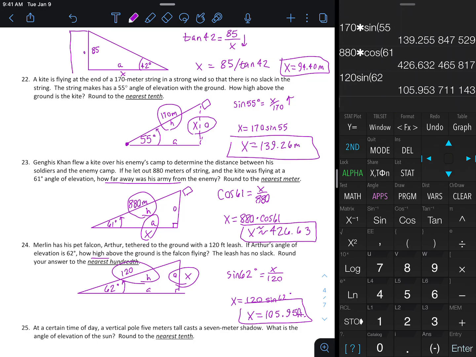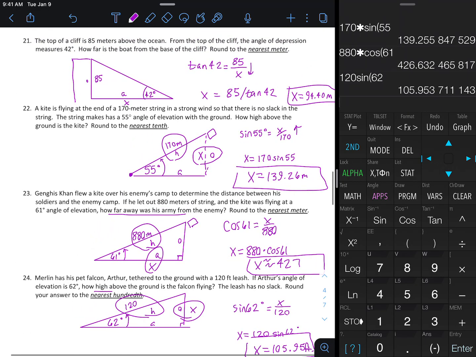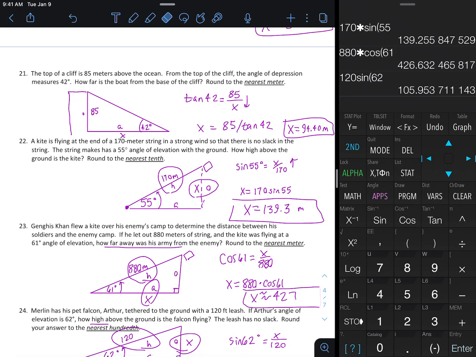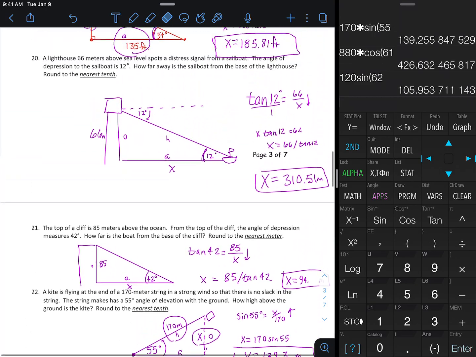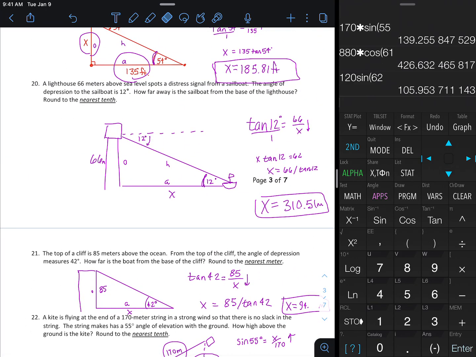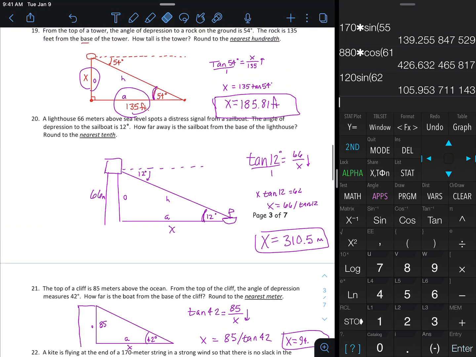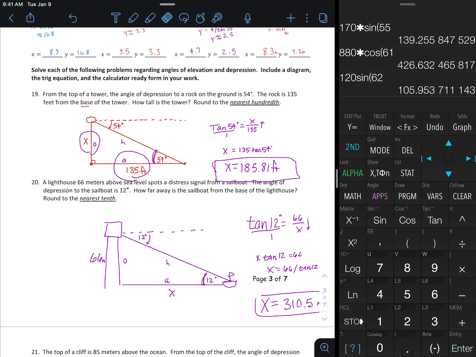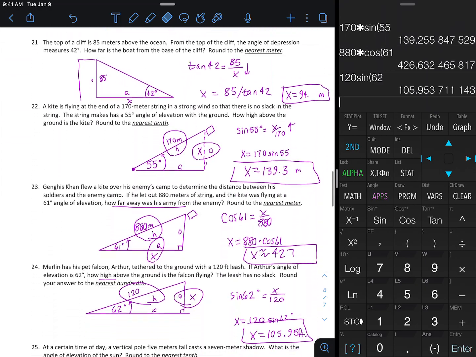This 23 was the nearest meter, so that's a whole number, so I'm going to change that to 427 on that one. 22 nearest tenth, that's 1 decimal, so I should have gone 0.3. Nearest whole meter on 21 should have been 94 right there. Nearest tenth on this previous one should have been 0.5. Nearest hundredth on the first one, we were good there. So here we go.